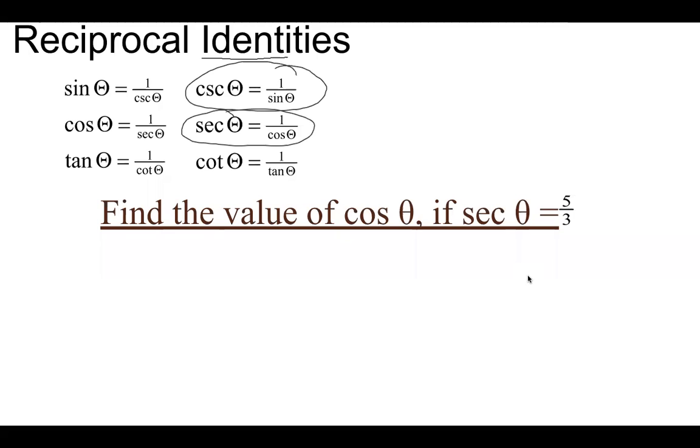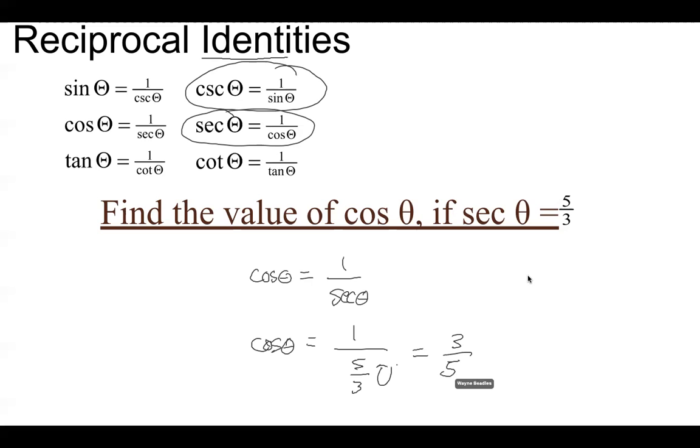So if we wanted to figure out the value of cosine theta if secant theta was 5/3, we know that cosine is 1 over secant. And so we could say 1 over 5/3. And you're going to kind of see that this just flips over and becomes 3/5.